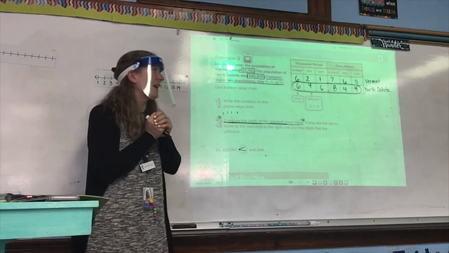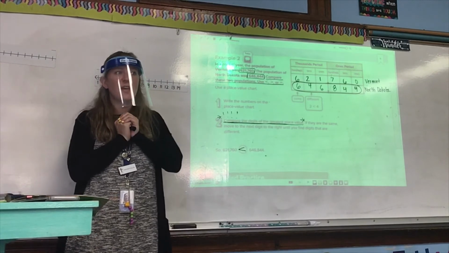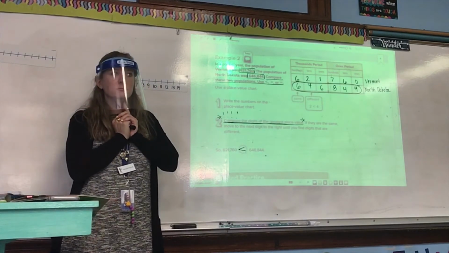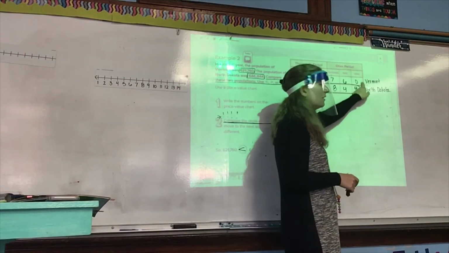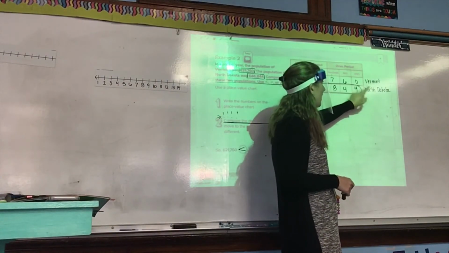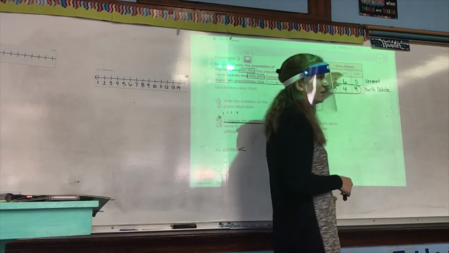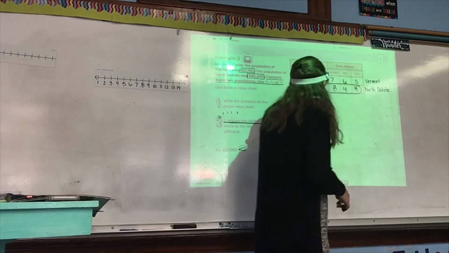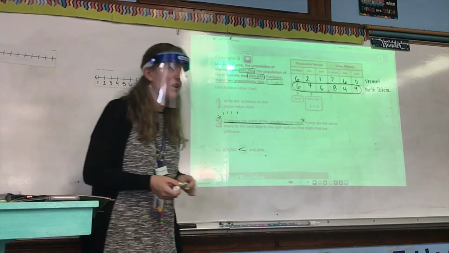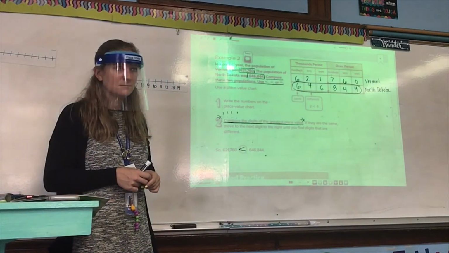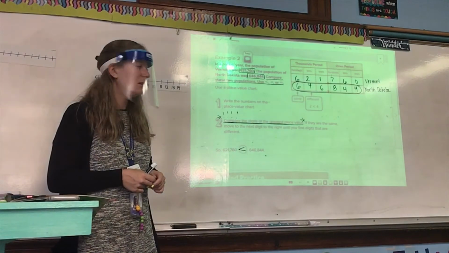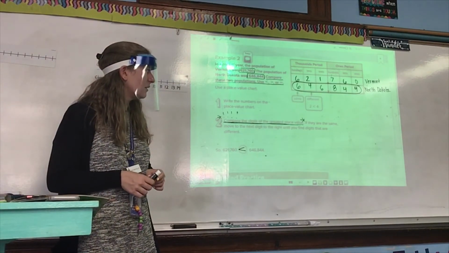But when I'm comparing, I start with which place value? Did we start with the ones? Did we look here first? 0 is less than 4. But that doesn't matter if all these other numbers are different. Michaela, look at what you underlined, starred, exclamation pointed. What does it say? Compare the digits of the greatest place value.